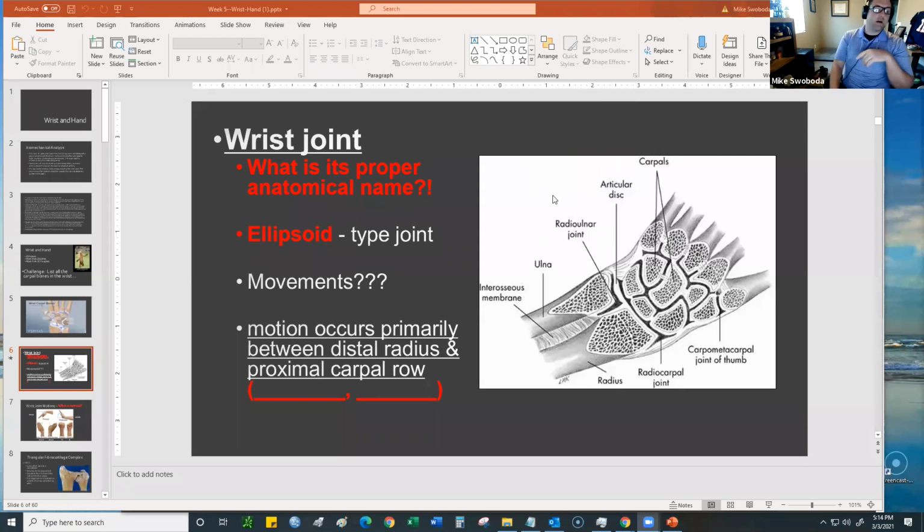All right, what kind of joints are my MCP joints? Oh, yes, condyloid.